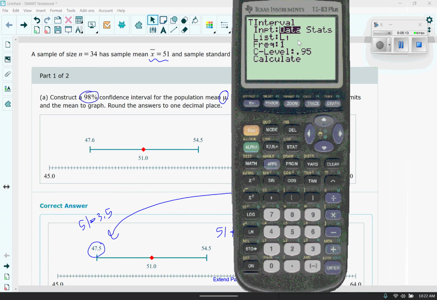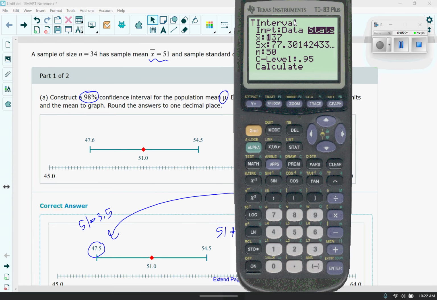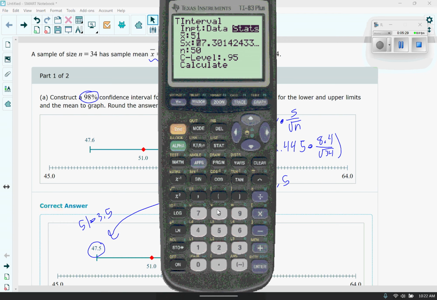It defaults on data, but you want to go to stats because we already have the statistics here. Data, you'd have to put in the raw data. Okay, so x bar, that's 51. s was 8.4. And the sample size was 34. And then our confidence level was 0.98.